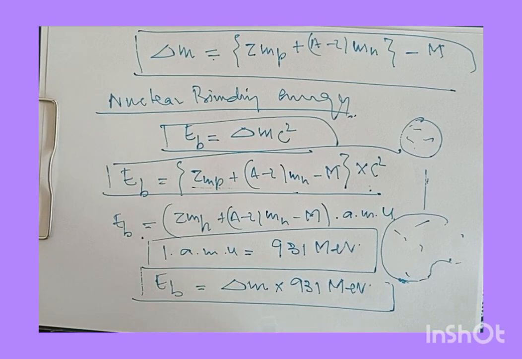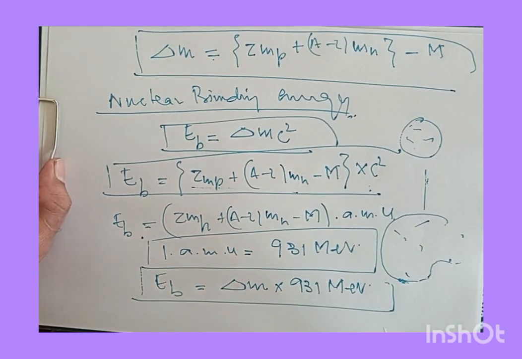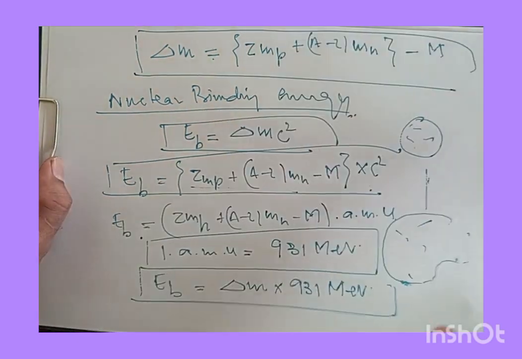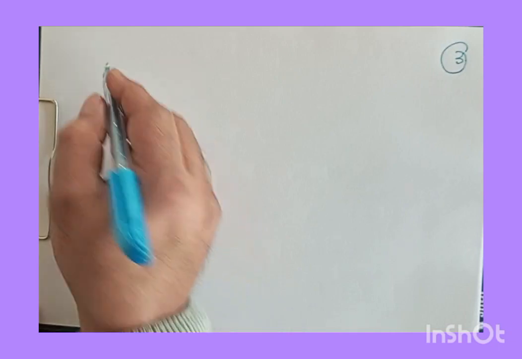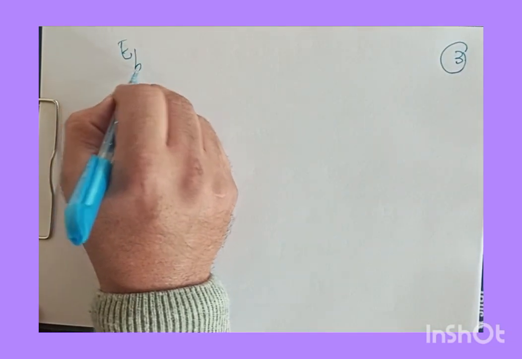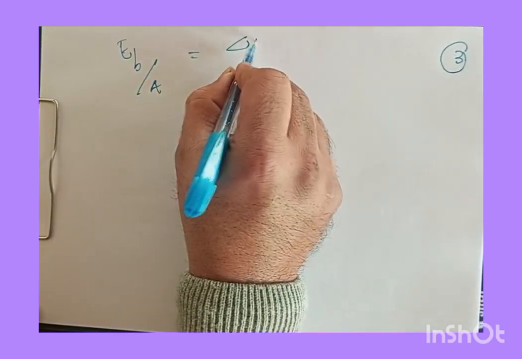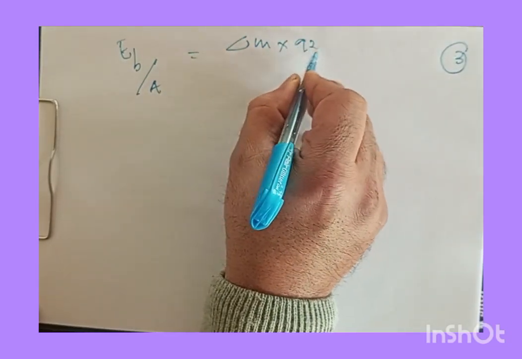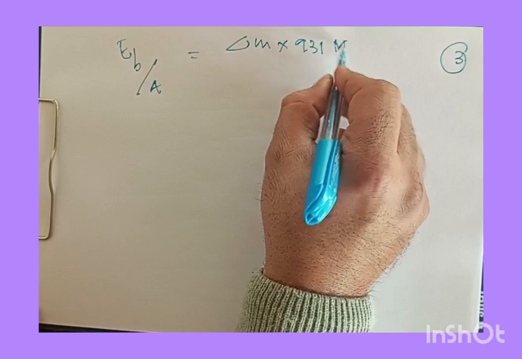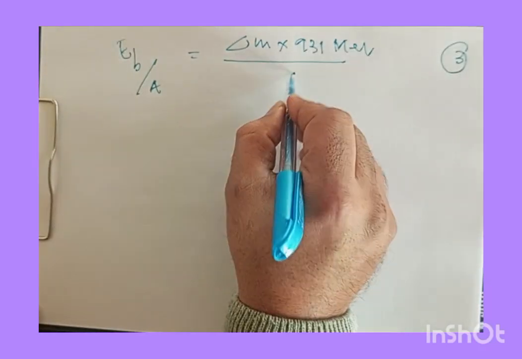And now, if I divide this equation by the number of nucleons, what's the number of nucleons? That is A. So if I divide this EB by the mass number, what I'll have is delta M times 931 mega electron volts by the mass number.